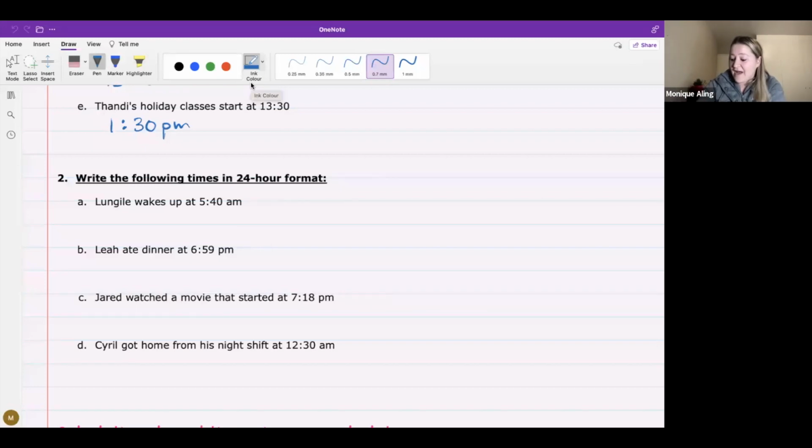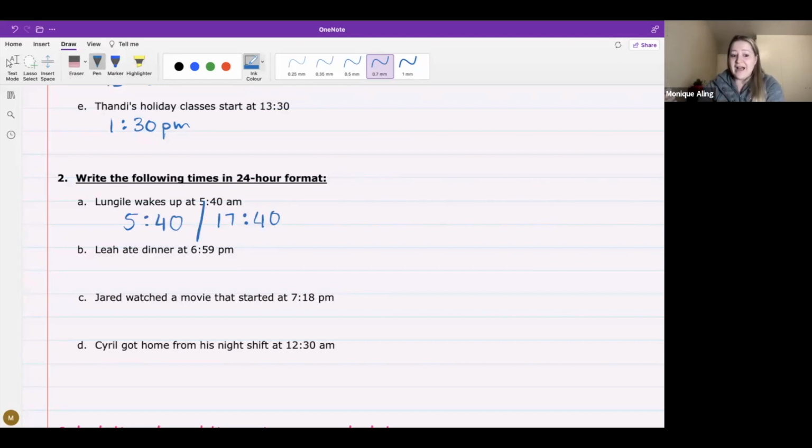Okay, so because it's 5:40 a.m. in the morning, I just need to write 5:40. I don't need to indicate AM, because if it was 5:40 in the afternoon, it would be written as 17:40. So that would be the difference.